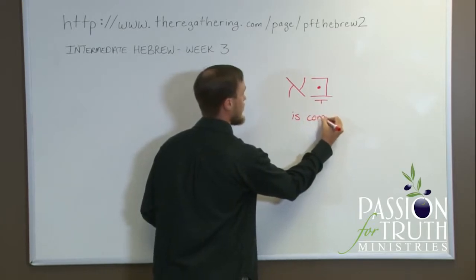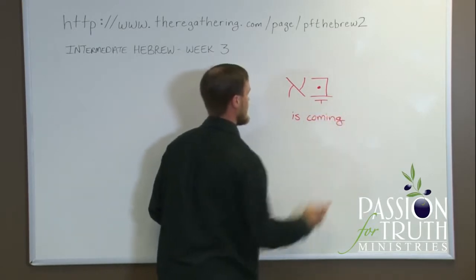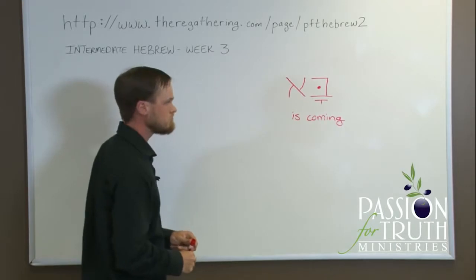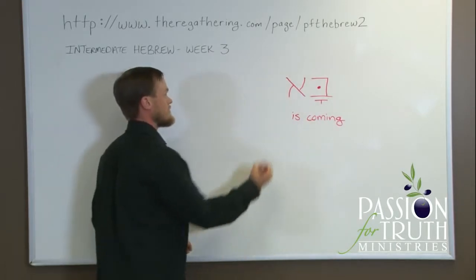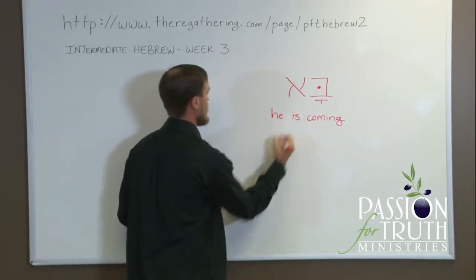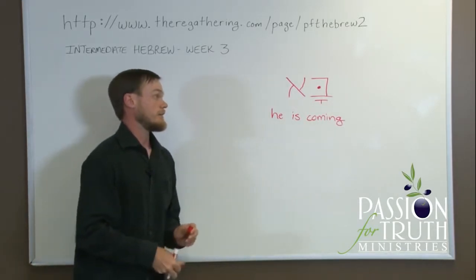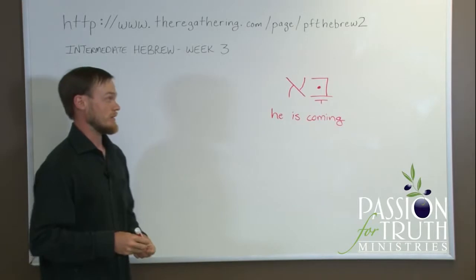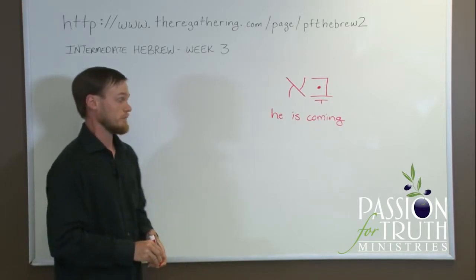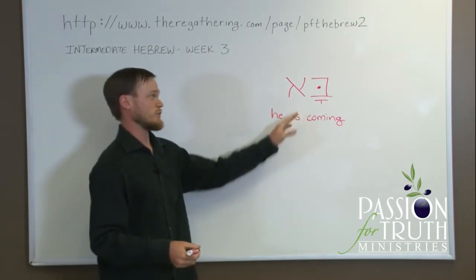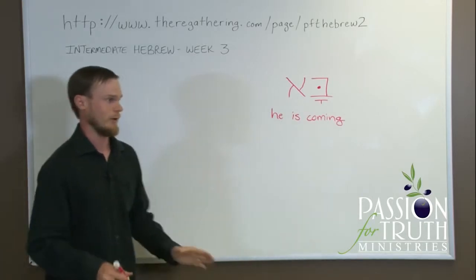So you could translate ba as is coming, or perhaps even he is coming. The root of ba means to come. This is the present tense form, which would be is coming, as in right now.